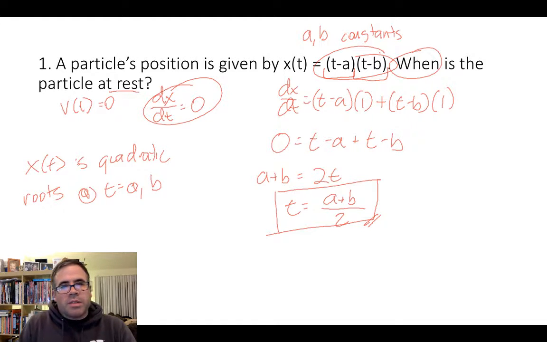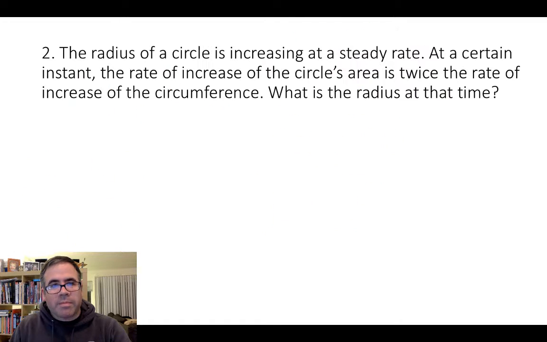If you have a position quadratic, it's going to look like this. The time when it's at rest is the vertex, which is always halfway in between the roots. So for that vertex, that's the average of the 2 roots, which is (a plus b)/2. And that's how you do it without calculus. Not everything needs calculus. This one didn't, but of course, calculus is pretty quick.